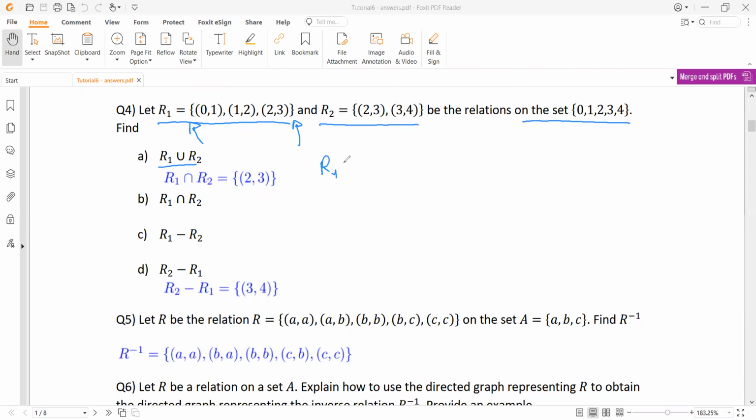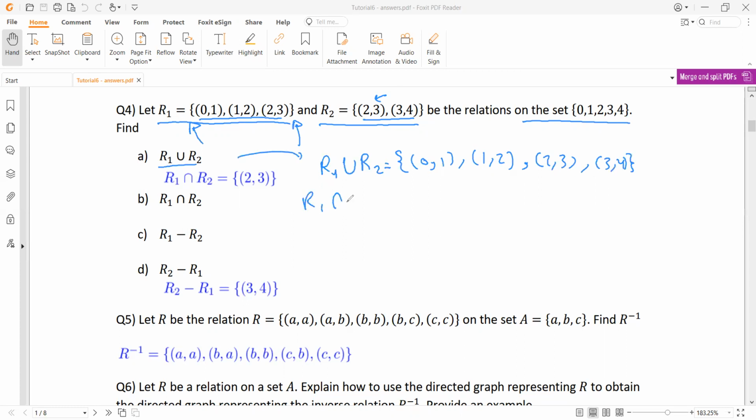So relation R1 union with relation R2 is the set that contains the union between all the values inside the two sets, without repetition: 0, 1, 1, 2, 2, 3, and 2, 3 is already repeated here. I don't have to write it again, and 3, 4. Okay, so this is the union.